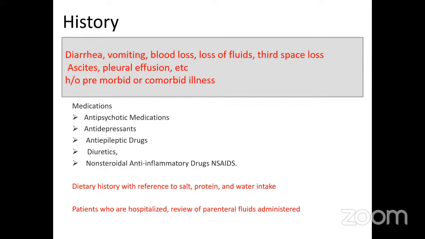All these medications can produce disturbance to the osmolality. So we should go into a detailed history.